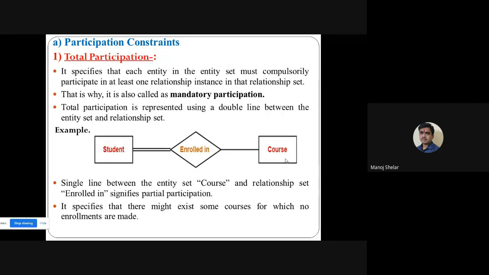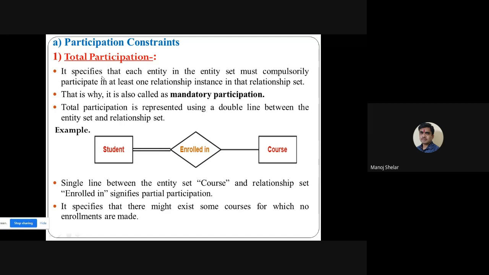So 10 customers and all 10 have a loan. This is a total participation. But suppose in SBI bank out of 10 customers only 5 persons take a loan and the remaining 5 have no loan. That is a simple partial participation in the ER diagram.